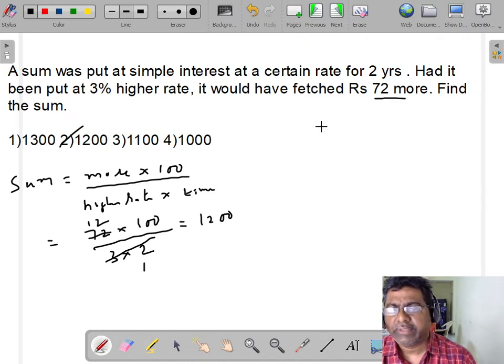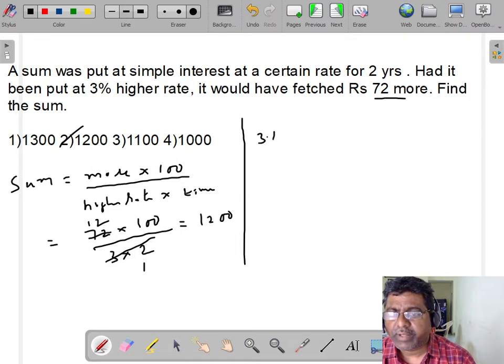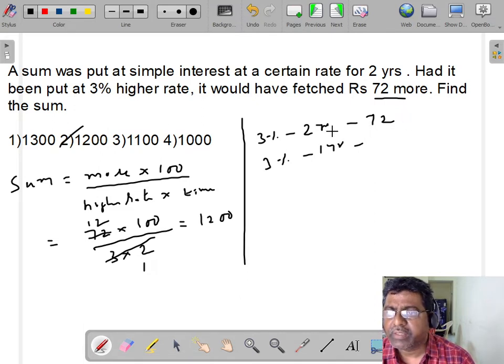We can do it in another method also. It was given 3% higher rate for 2 years, the amount is 72. For the same 3%, for 1 year how much? For 1 year it is 72 by 2, 36.